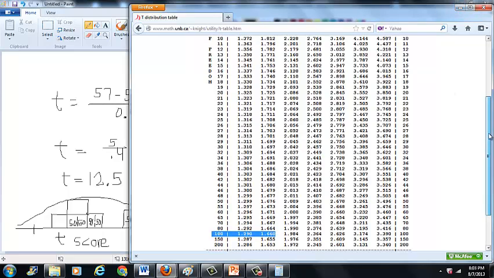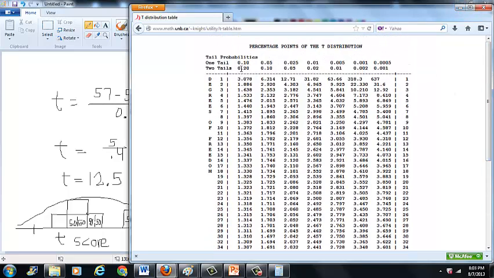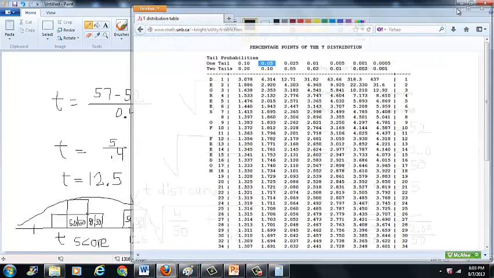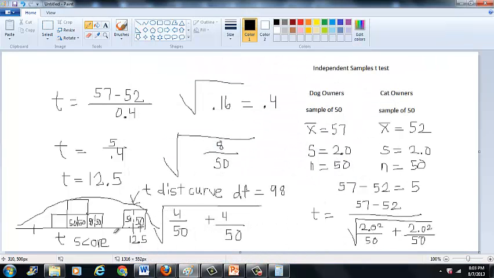So this is saying that in a one-tailed test, in this column right here where one tail is 0.05, 1.66 will actually be the t-score that marks off the upper 5%.